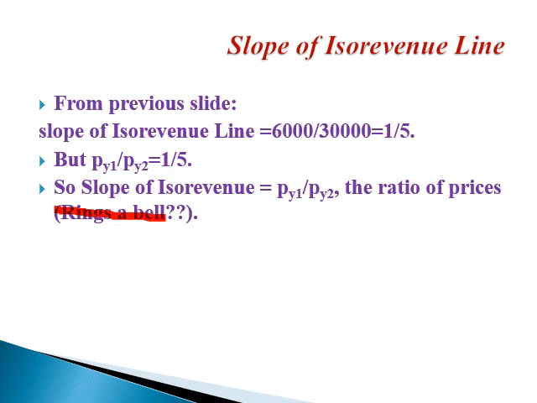It was P of X1 divided by P of X2, the price of whatever is measured horizontally divided by the price of whatever is measured vertically. So likewise, I'm measuring Y1 horizontally, Y2 vertically, and the slope of the ISO revenue line will be P of Y1 divided by P of Y2.